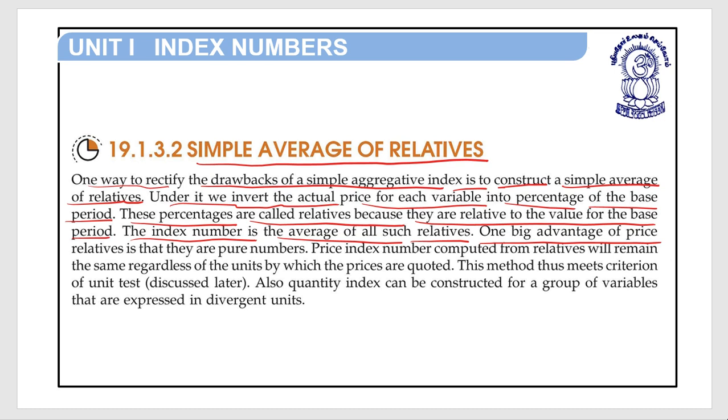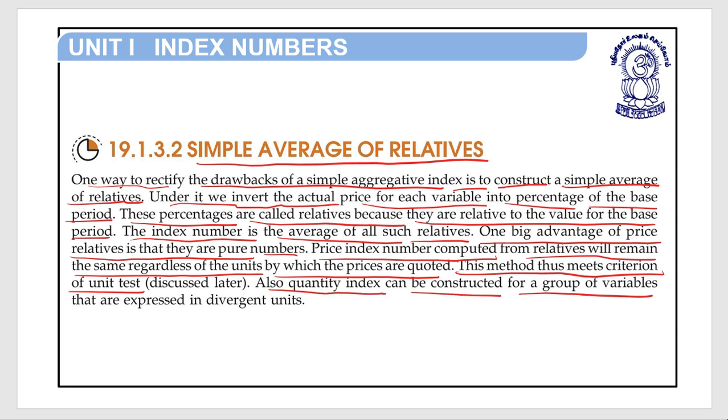One big advantage of price relatives is that they are pure numbers. A price index number computed from relatives will remain the same regardless of the units by which the prices are quoted. This method thus meets the criterion of the unit test. Also, a quantity index can be constructed for a group of variables that are expressed in divergent units.